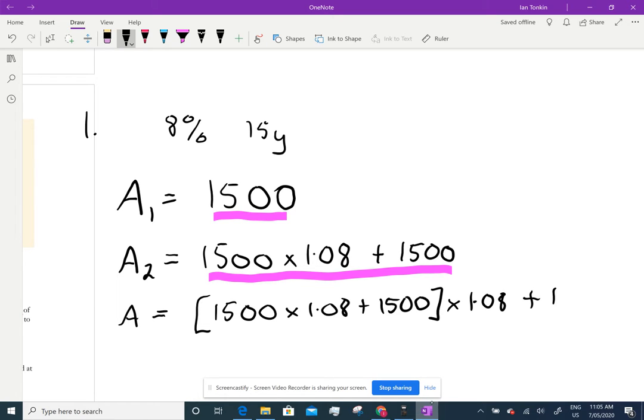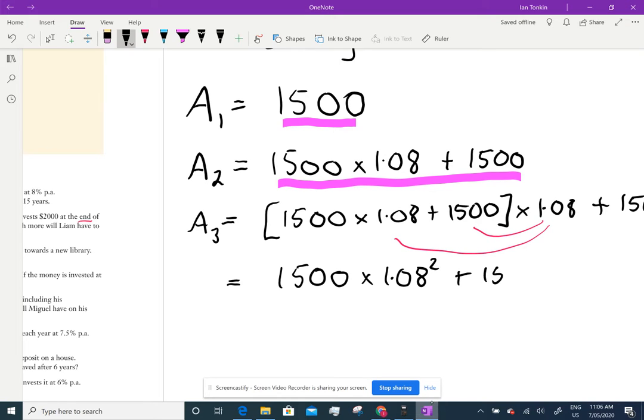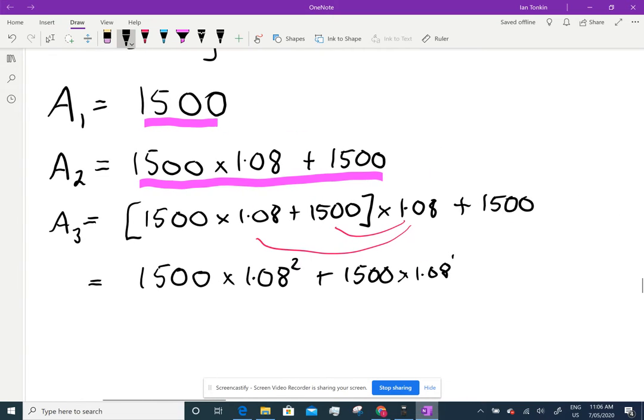Plus, another $1,500 will have been deposited. Let's just expand that. 1.08 times those two things in there, and I get 1,500, and that's A3, times 1.08 squared, because 1.08 times 1.08, plus 1,500 times 1.08, I'm going to put a 1 there even though I don't need to, plus 1,500.